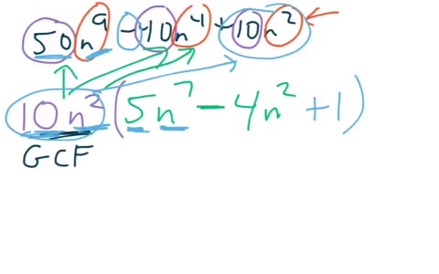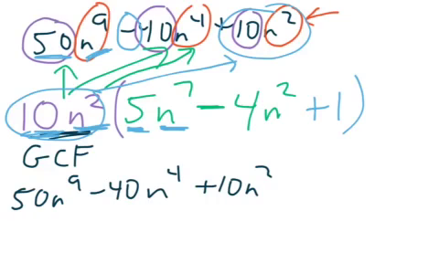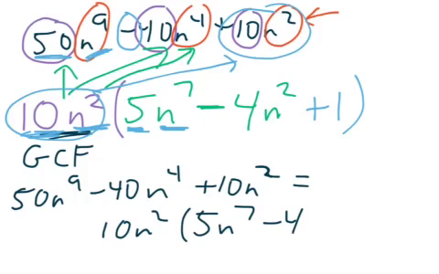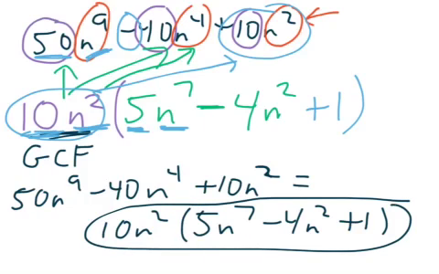So when all is said and done, 50n to the 9th minus 40n to the 4th plus 10n squared, if factored, is 10n squared times 5n to the 7th minus 4n squared plus 1. This again is the factored form of our original expression.